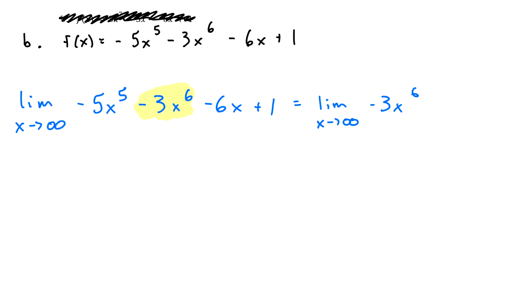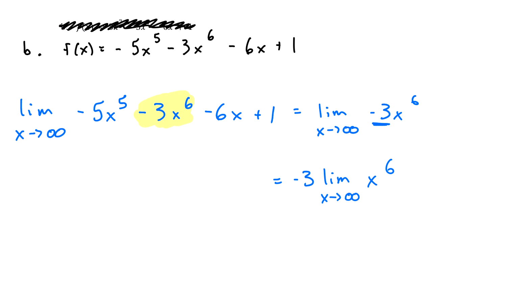In this case, just like last time, if we have a coefficient, I would go ahead and factor that out. So I'm going to factor out the negative 3. I'll say negative 3 times the limit as x approaches infinity of x to the 6th power, because this is a whole lot easier to look at, I think. Now, x to the 6th is not a function that maybe we know backwards and forwards, like maybe x squared or x cubed, but what I can do is look at the power and say, okay, x to the 6th, that is an even power.